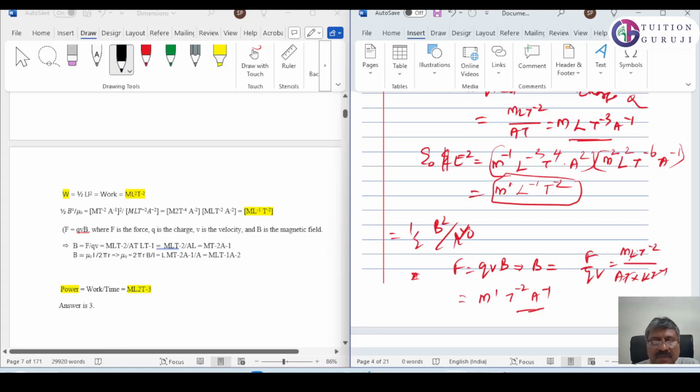Now we will find B square by mu 0. First we have to find mu 0.